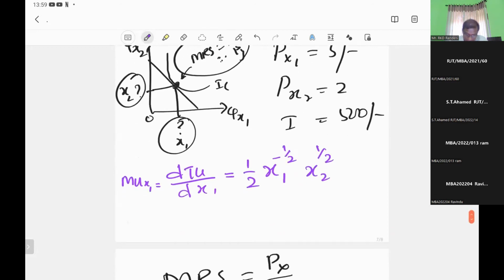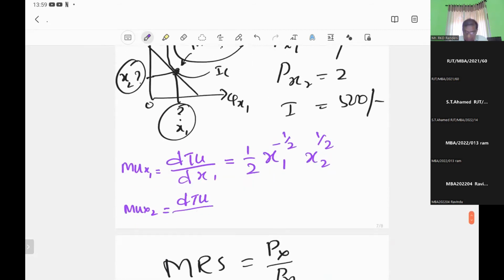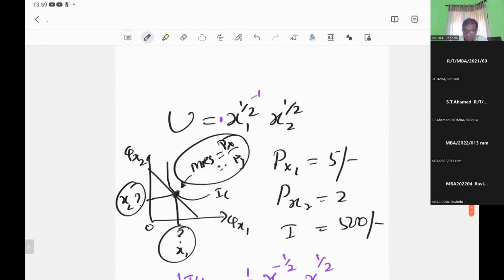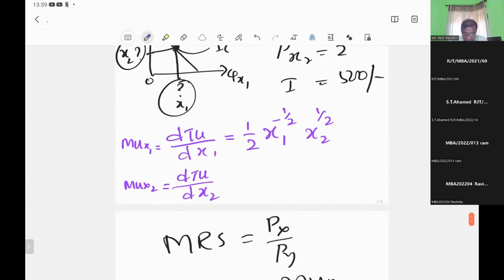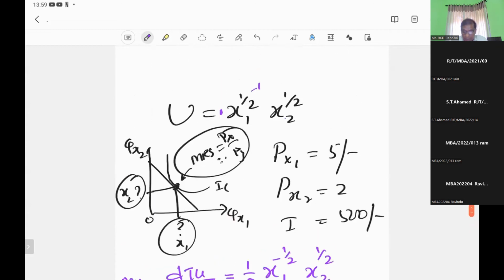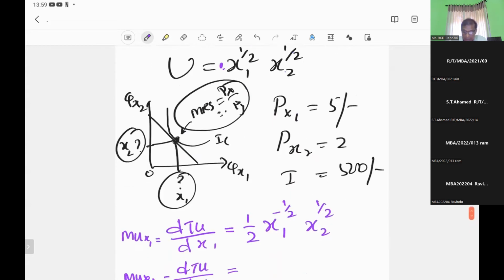Now MUx2: that TU function, the same function, differentiate with respect to x2. Then you can derive MUx2. Here the power 1 comes down, half into 1, that is half.